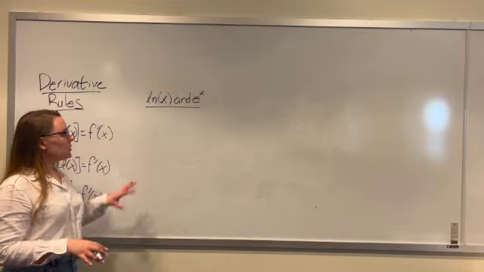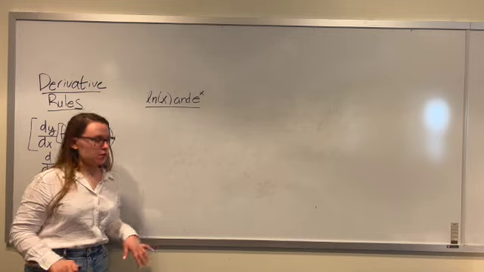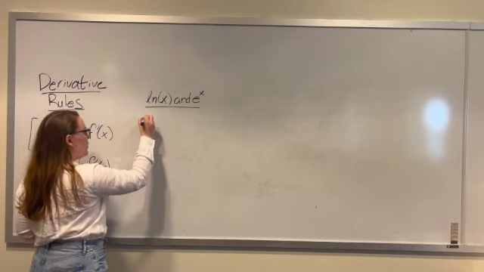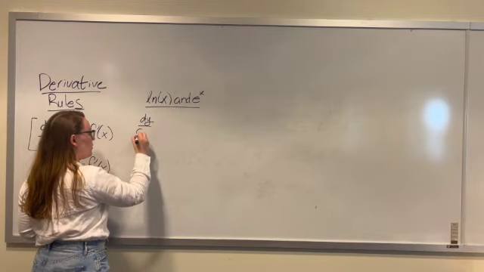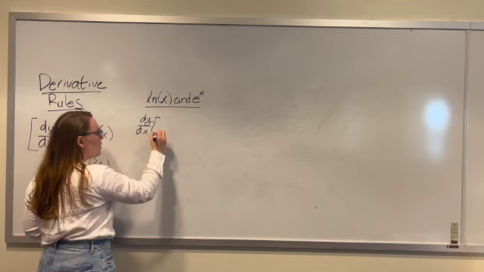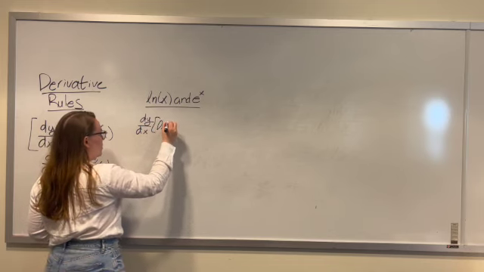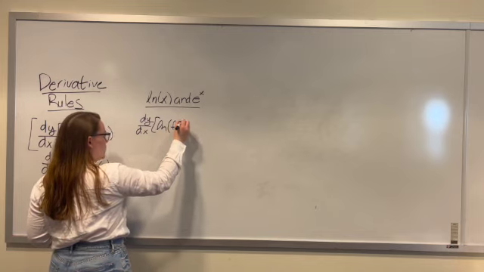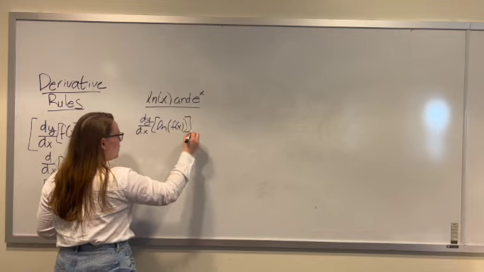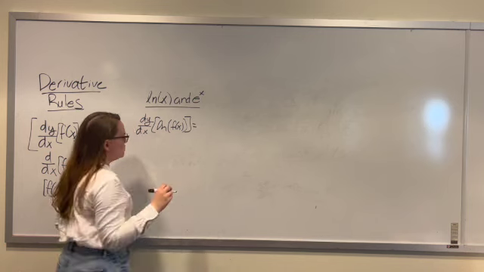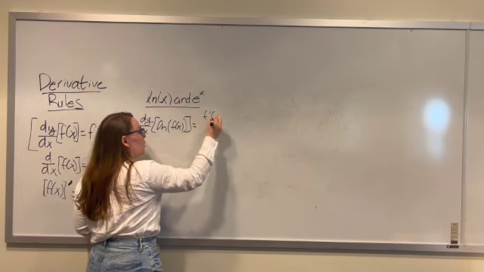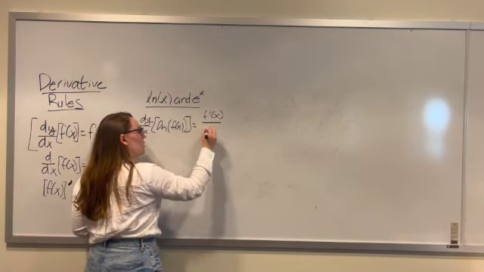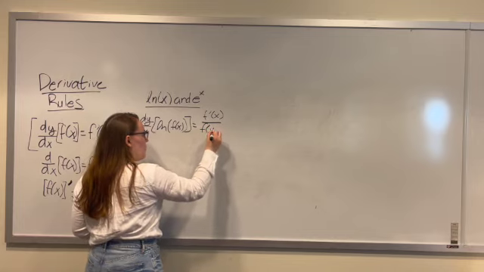So finally, we're going to be talking about the derivatives for natural log of x and e to the x. So these functions are different from the other functions we just looked at. So if we want to find the derivative of natural log of some f of x, some function inside, it's equal to f prime of x over f of x.